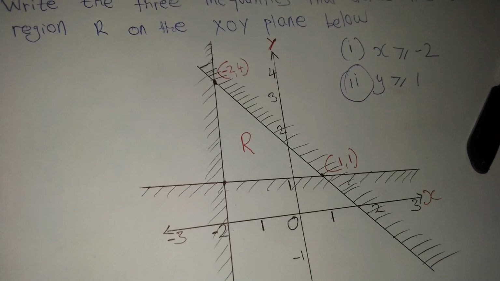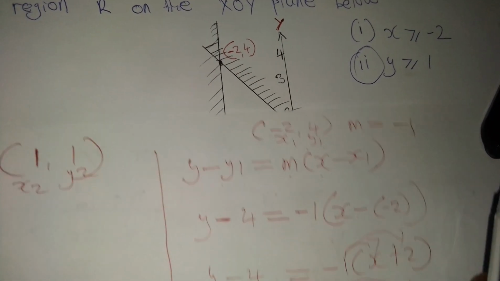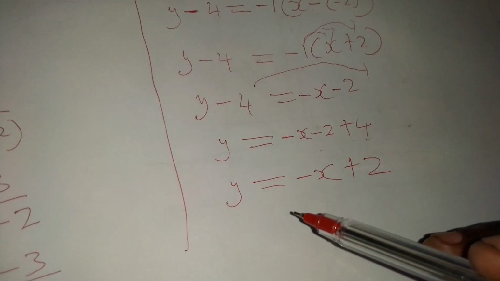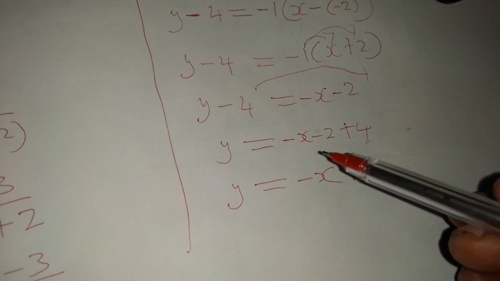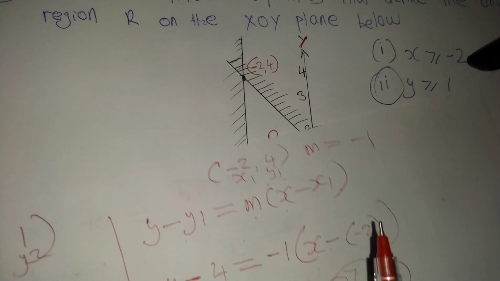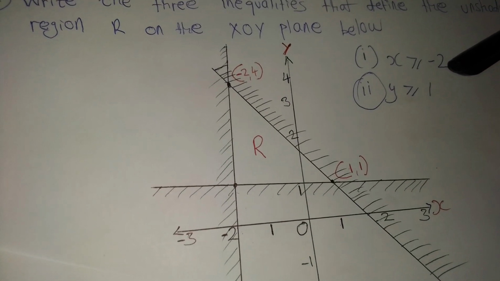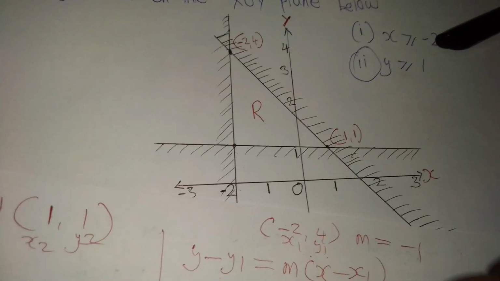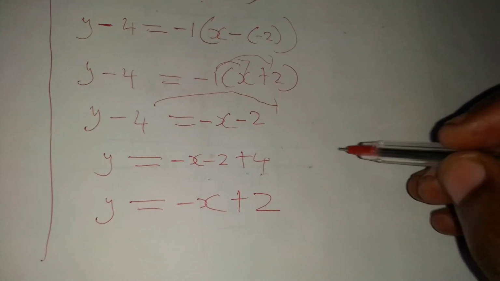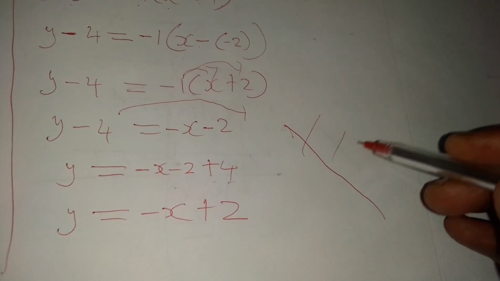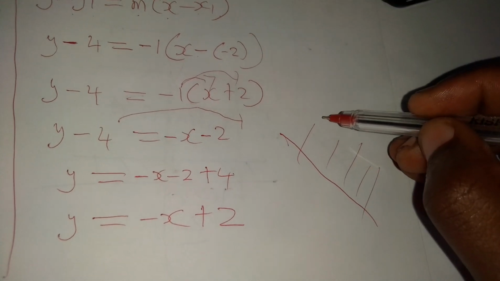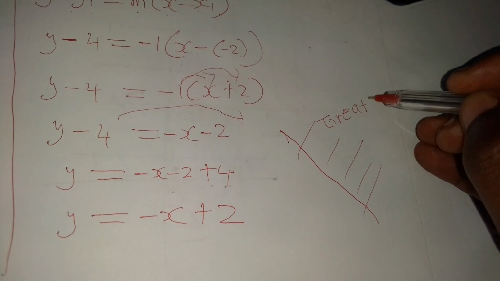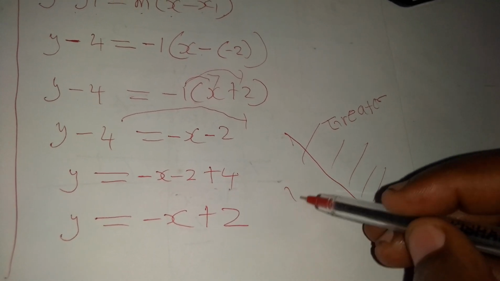Now, the question we should ask ourselves is, which symbol are we going to put here? Because for inequalities, we don't use the equal sign. So for the third inequality, as you can see, it is shaded on top. When you have a line like this, and that line is shaded on top, all the region on top here is greater than, but inside is what?